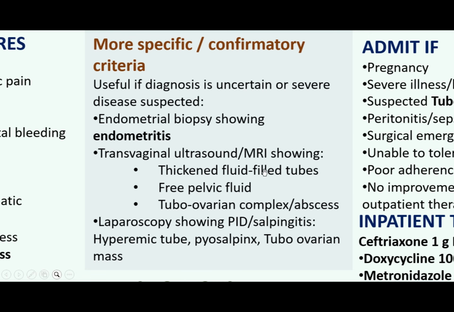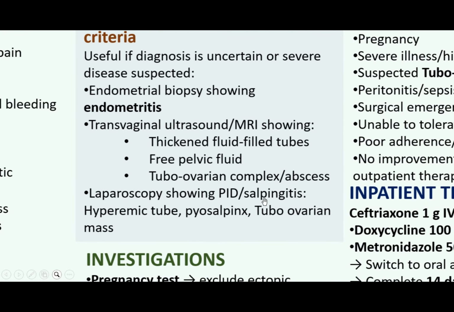So once the tubes show thickening or they are fluid-filled, the free fluid in the pelvic region, and also a tubal ovarian complex, you want to suspect that probably these people are having an infectious something going on. Then on laparoscopy, and this is the gold standard, you may find that they are showing a PID or salpingitis. This is using laparoscopic cameras. You go in and you see a hyperemic tube, a tube that is reddened. This is a feature of inflammation.